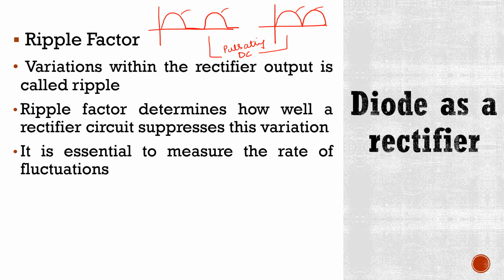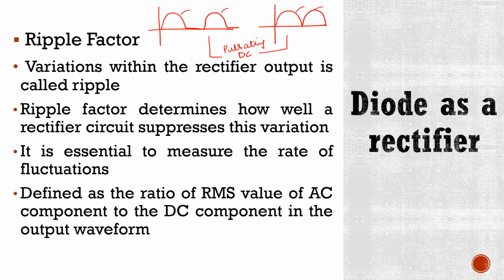For any rectifier, this factor should be as small as possible. This ripple factor is defined as the ratio of RMS value of the AC component or ripple component in the output waveform to the DC component in the output waveform.